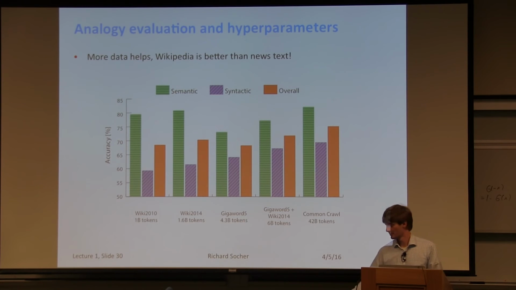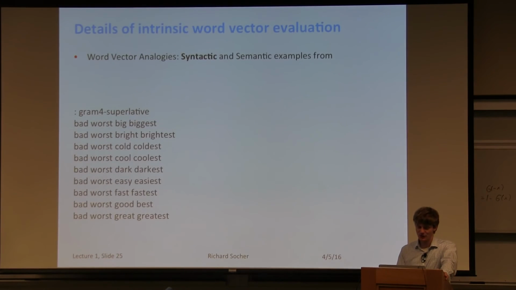Yeah? Do we know why syntactic tasks are harder to see than semantic? Why syntactic are harder? We have no nice proof for it, but basically you might not see all these different adjectives, for instance, together or in general as frequently.